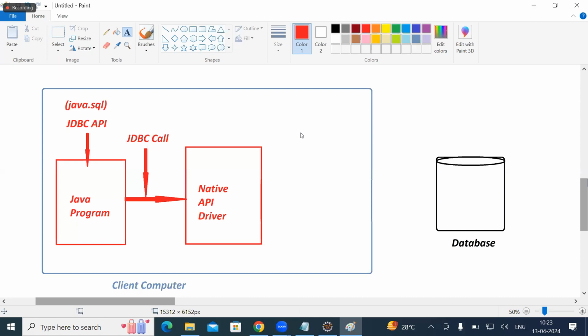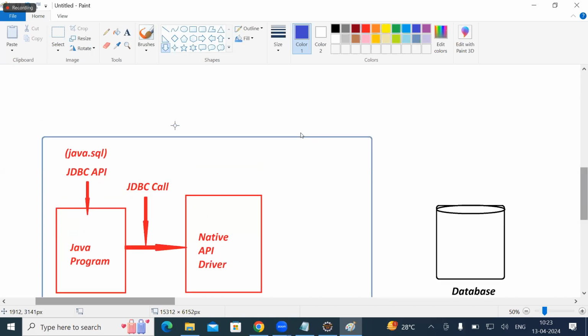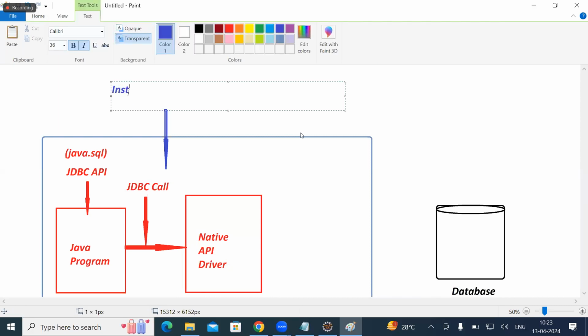Otherwise, database related native libraries will be there. You have to download them and install them on your computer system, wherever the client computer is. Install the database native libraries.